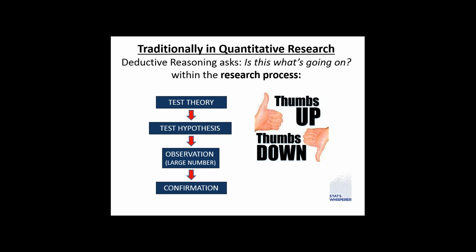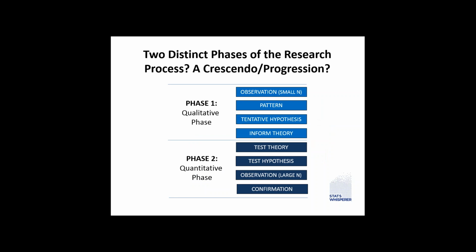If we put it together, this is what it looks like. This is the classic research process. Two distinct phases, a progression where phase 1 is qualitative and then phase 2 is quantitative.